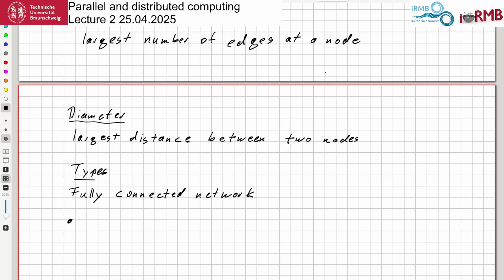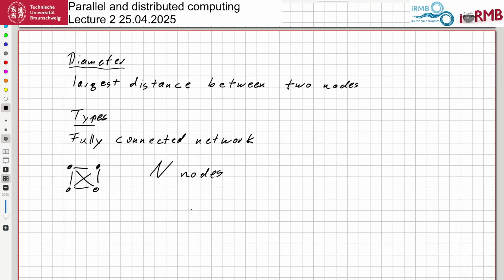So fully connected network, say we have 4 computers, then this would mean that any of them is connected to any other of them. So say we have n nodes. We'll always have n nodes.